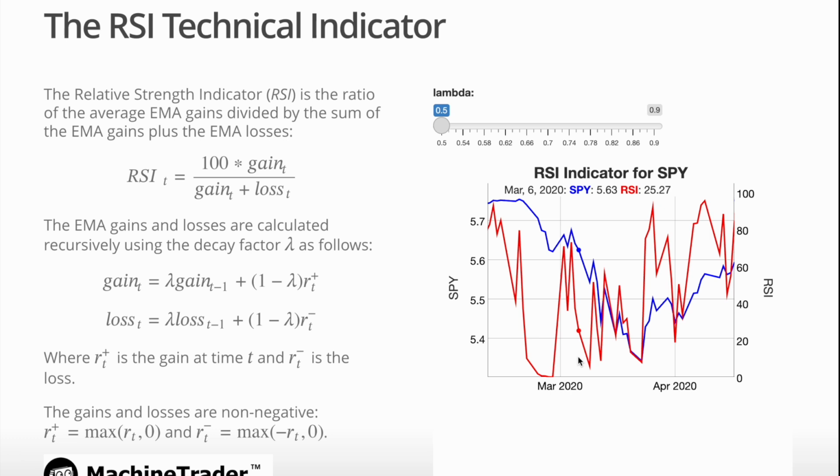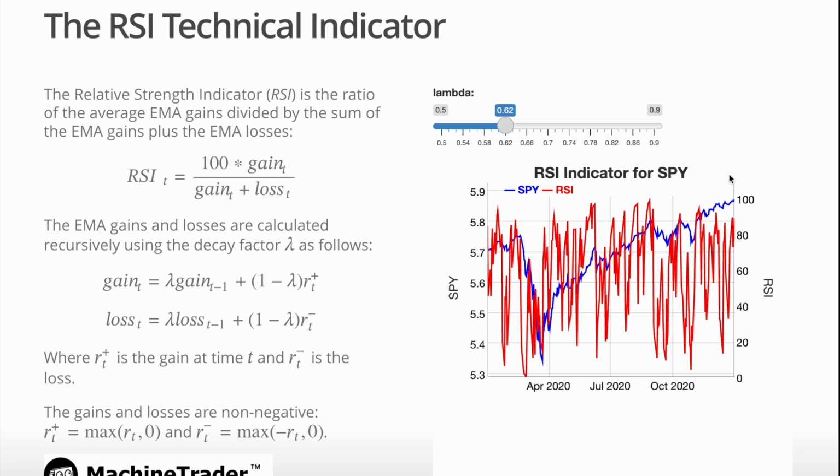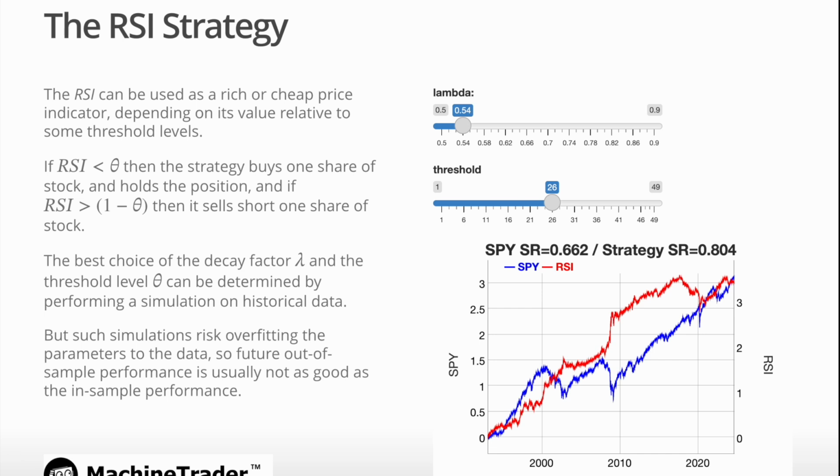So again, the RSI can be used as an indicator in a trading strategy. I've created a very simple example of that in the next slide. The strategy has two parameters, the lambda parameter and a threshold parameter called theta.